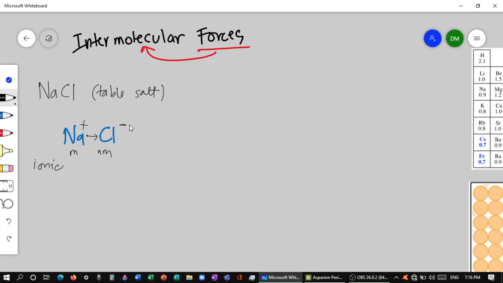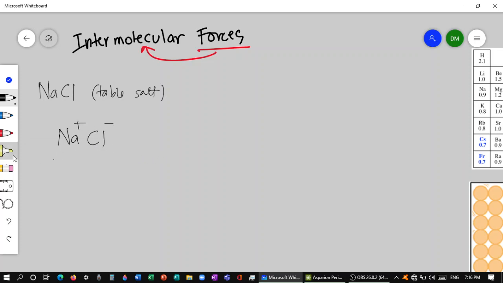Again, there is a formation of charge because there is a transfer of electrons. The atom that receives an electron becomes negative, and the atom which loses an electron becomes positive. Let's try to simplify this. Again, we have Na and Cl: Na becomes positive and Cl becomes negative.